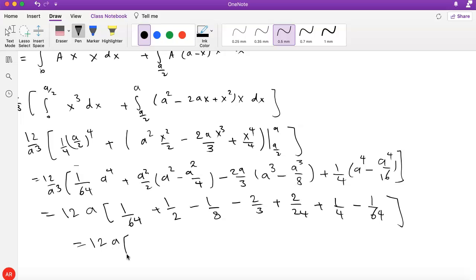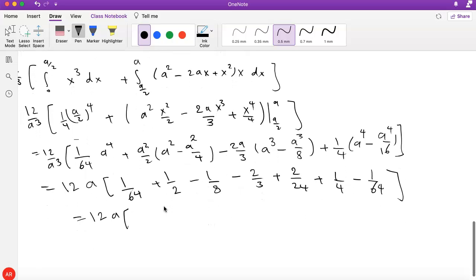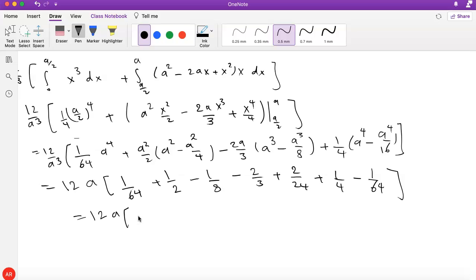So 12a. 1 over 64, 1 over 64 cancel out. Can take a common denominator here. That's going to be 24, it seems. So 1 over 2 is 12 over 24. 1 over 8 is 3 over 24. This is minus 16 over 24 plus 2 over 24. Plus 6 over 24.